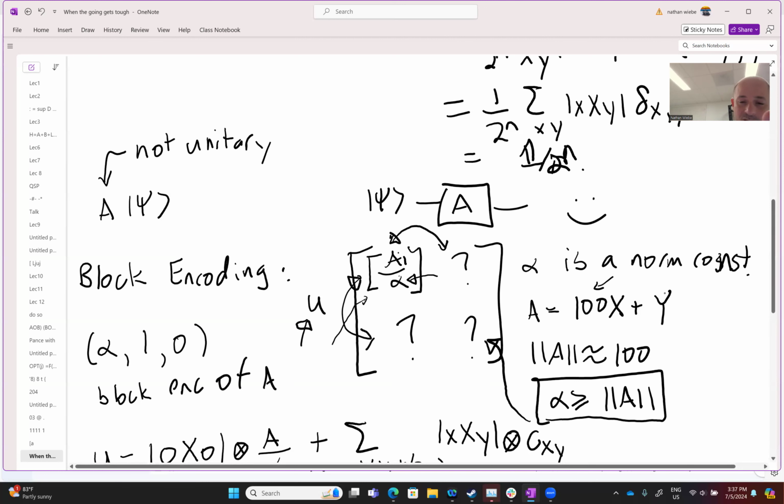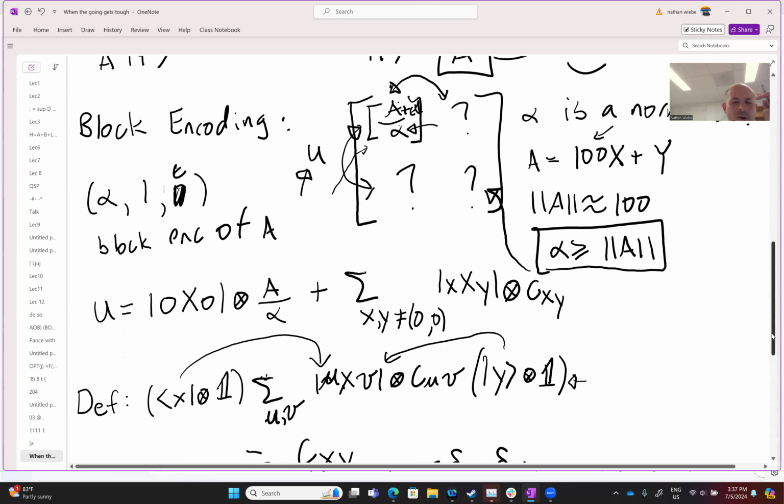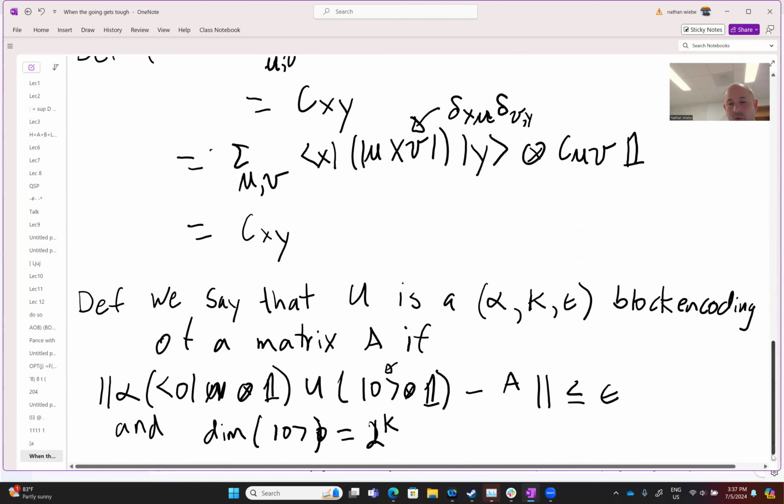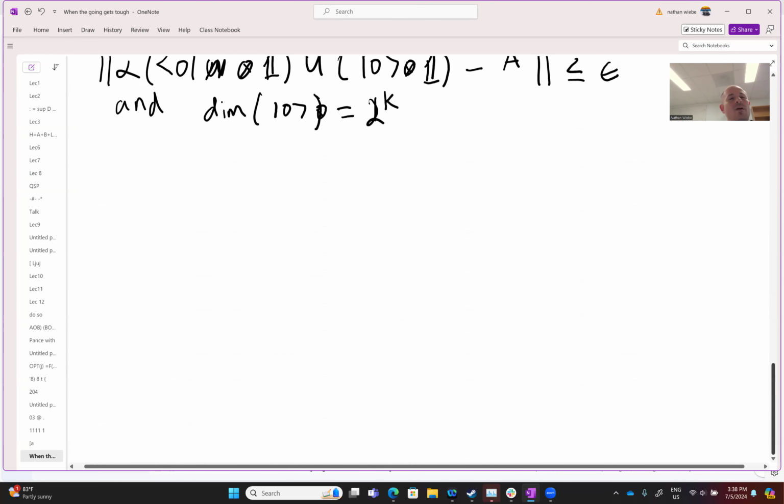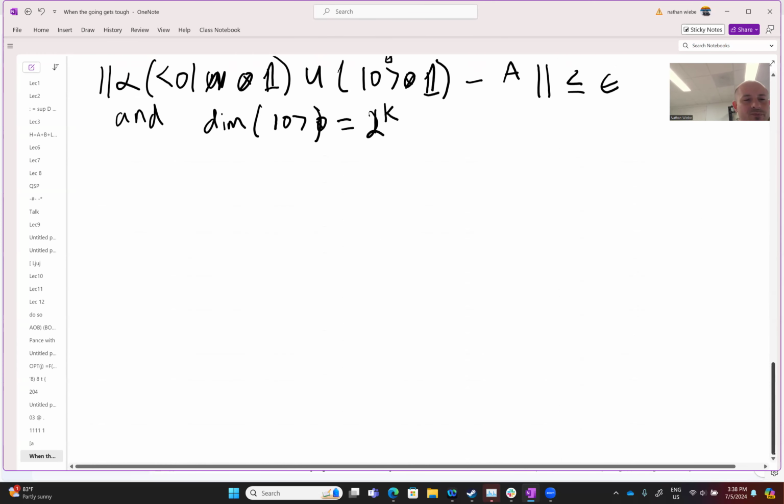But if I put in A plus epsilon I, then this would end up becoming a (1, 1, epsilon) block encoding. All right, so that is what we mean by a block encoding. Why would we potentially want to use one, or how could we? Well, let's take a look at a particular set of examples.